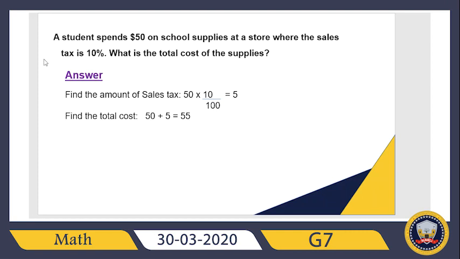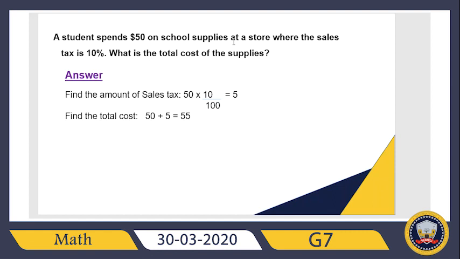Here it says: a student spends $50 on school supplies at the store where the sales tax is 10%. What is the total cost of the supplies?